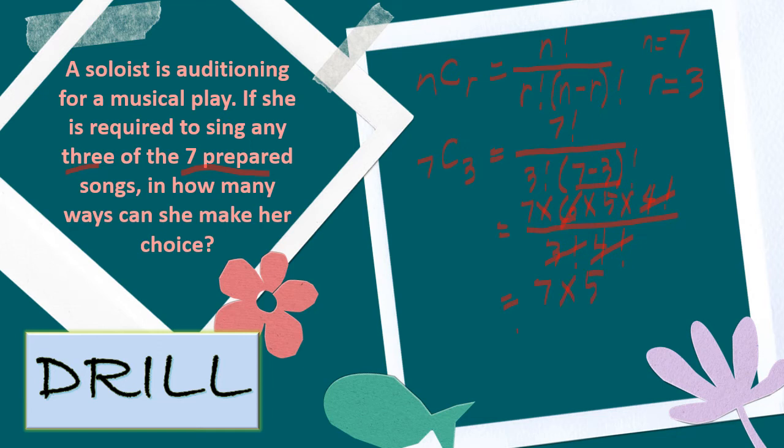So, we have 35 ways. Ayan. So, the answer is 35 ways. Who got the correct answer? Very good sa inyo. For the next activity, just write your answer in your study notebook and submit it together with your LAS.